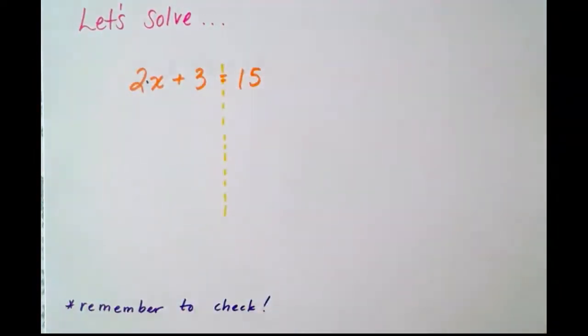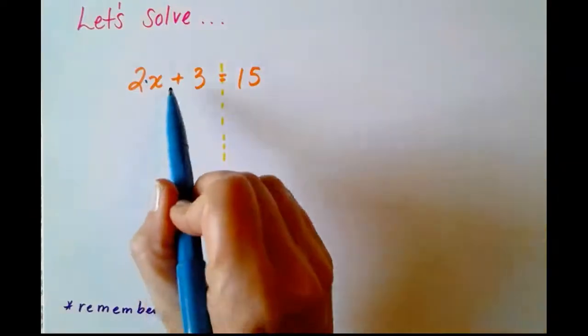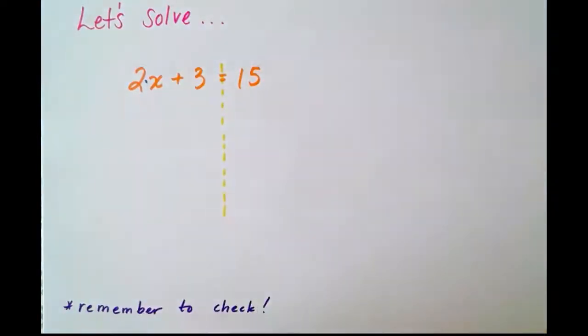Remember, that's multiplication. Even though we normally don't write an operator there, it does imply multiplication. And then, of course, we're also adding 3. Now, normally when we are solving equations, we go in the reverse order of operations.